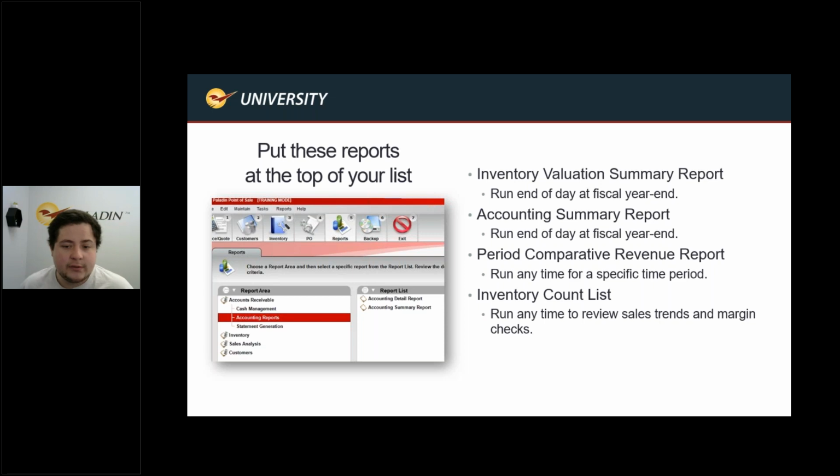So you always want to make sure those are just one click of a button. A bit less critical are the ones you can run for specific time periods that you set, which are the period comparative revenue report and the inventory count list. These two you can run for any time period, but they are also incredibly important reports for your accounting teams to have.